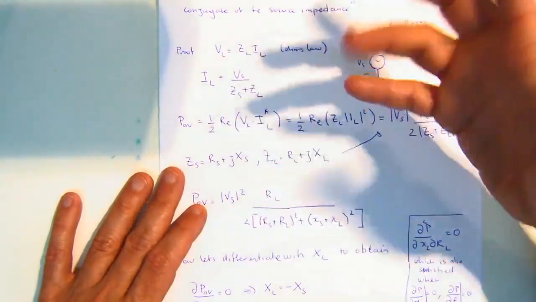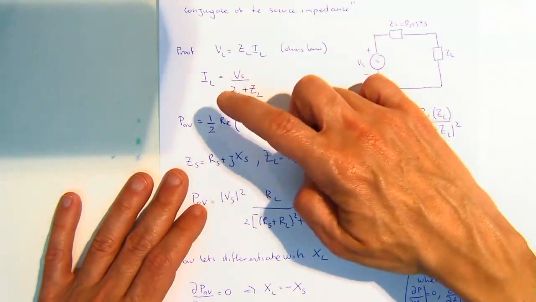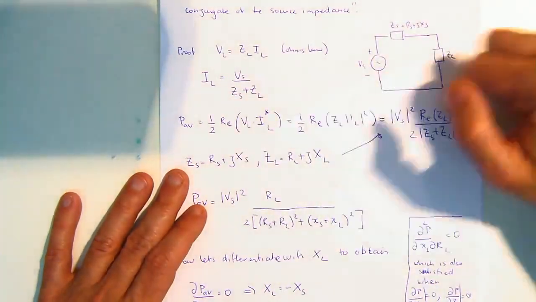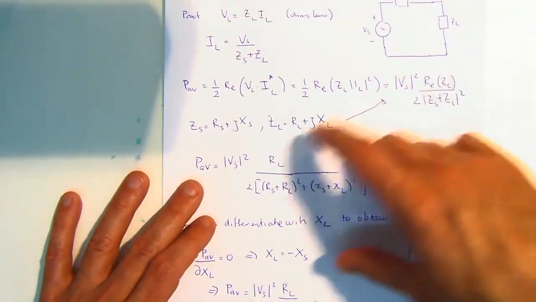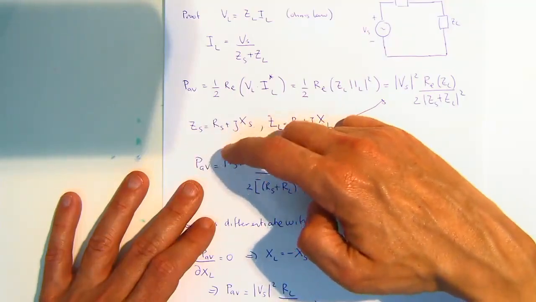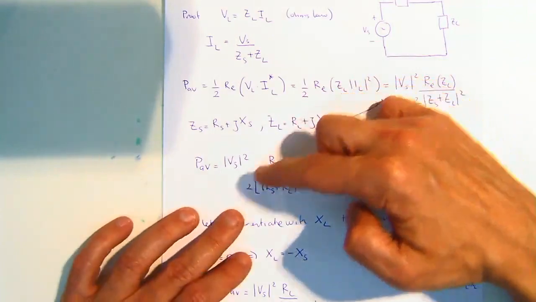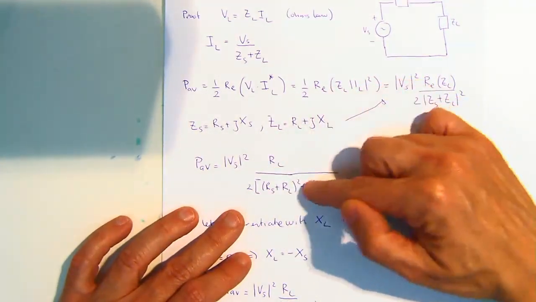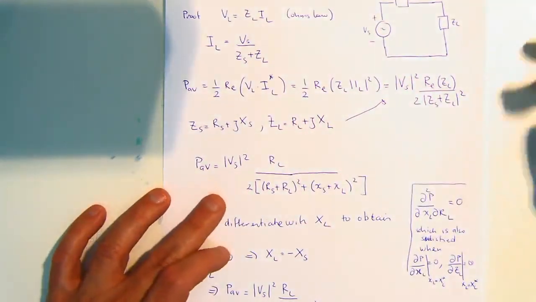The power transferred is half the real part of V times I. You can rewrite all of that so the average power is the magnitude of the generator voltage squared, times RL, over (RS plus RL) squared plus (XS plus XL) squared. I've done nothing magic here.